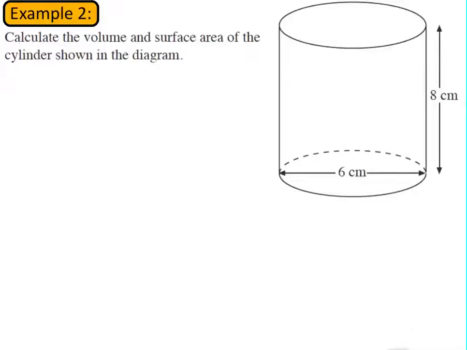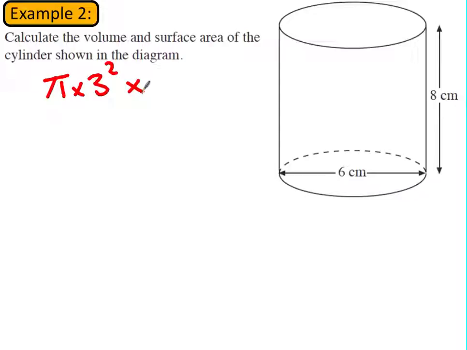So this time we're going to find the surface area again, and we're going to find the volume. So let's find the volume first. This seems far more appropriate. We'll keep it in terms of pi for our calculation this time, and then work out in decimal at the end. So the volume, first of all, we need the cross-section area, which is a circle, and that radius is 3, so it's pi times 3 squared for that area. And then, of course, the formula says we multiply by the height.